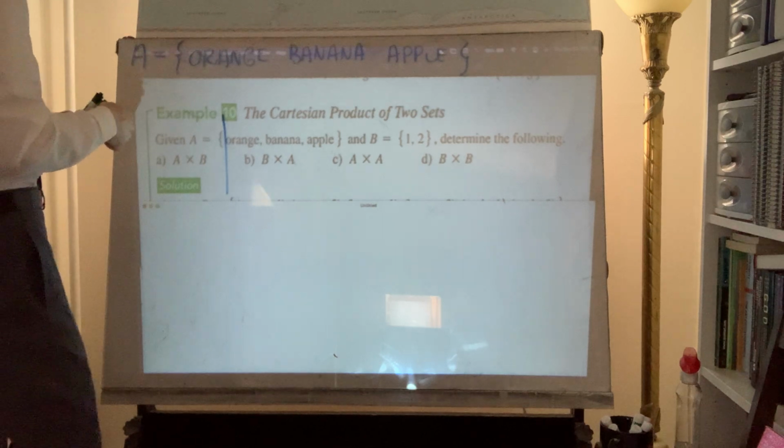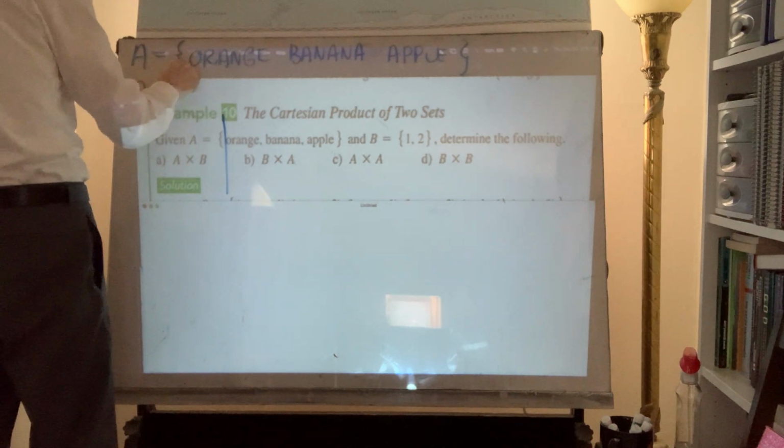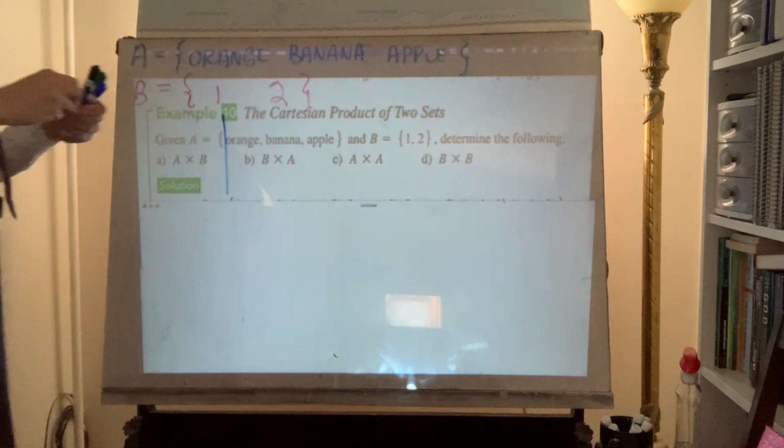And B, much shorter, is 1 and 2. All right. Remember these instructions. All right.